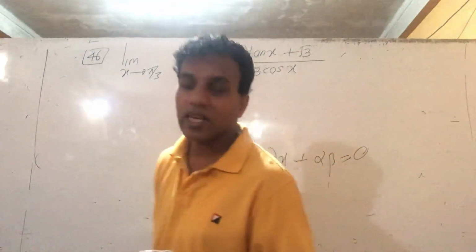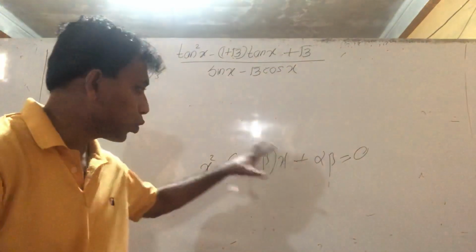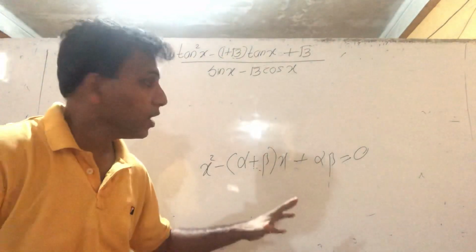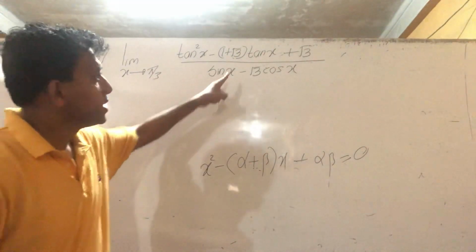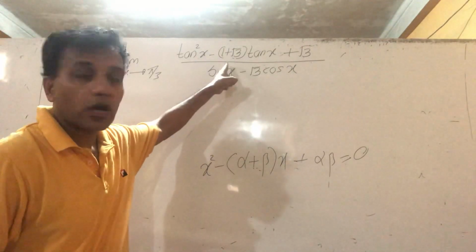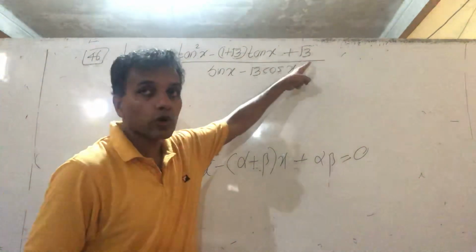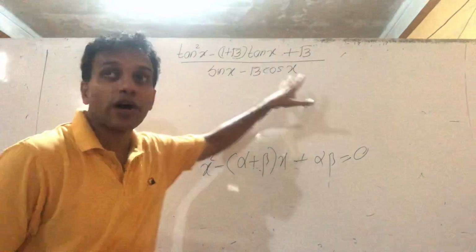If the roots alpha, beta are given, this is how we form the quadratic equation, with the sum of the roots and the product of the two roots. Therefore it can be factorized.